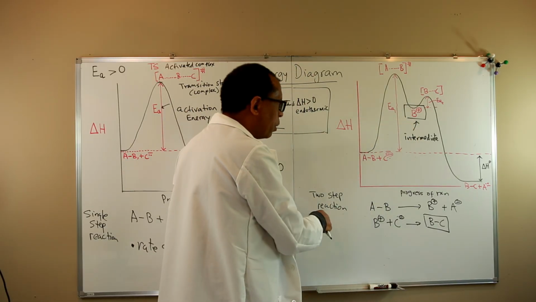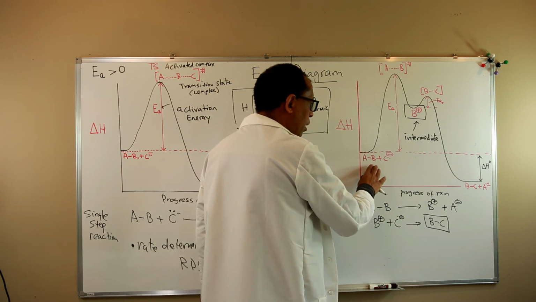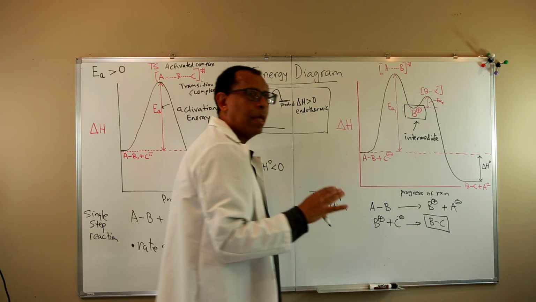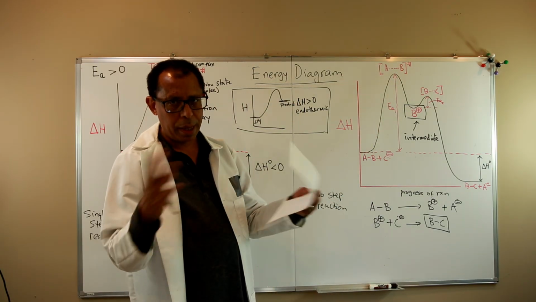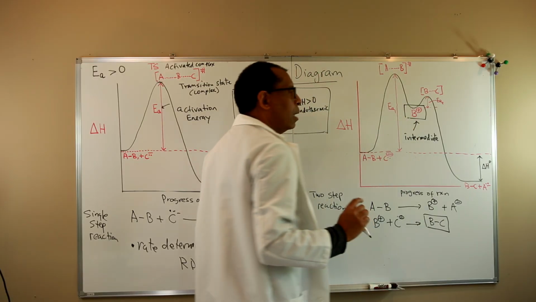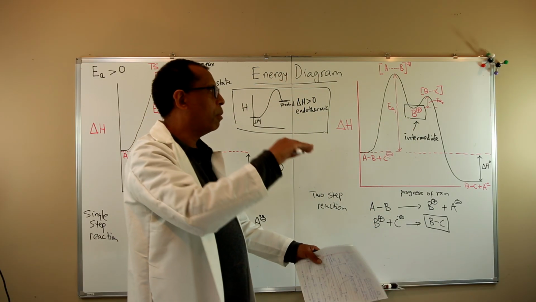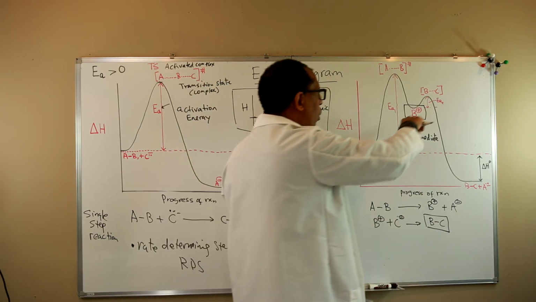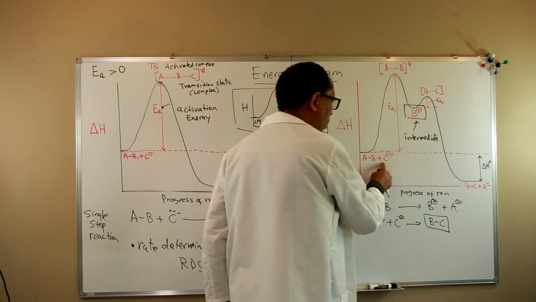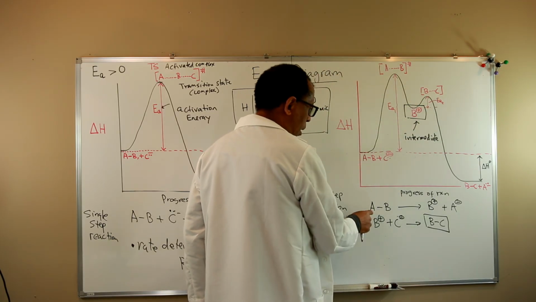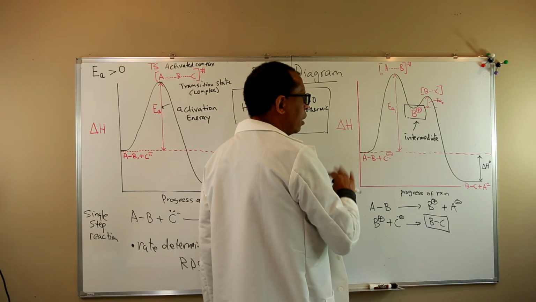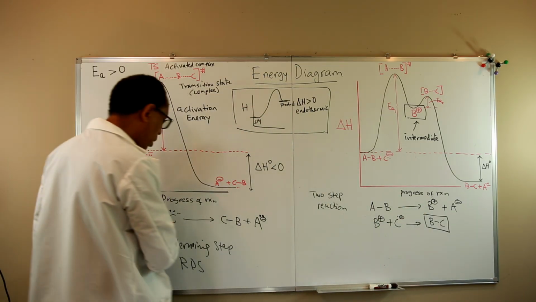So in a two-step reaction, a starting material would go through a transition state complex. The transition state complex would decompose or break away to form an intermediate species. The intermediate species again has to be activated a little bit more to recombine with another species, C. So this A, B recombining with C doesn't happen in just a single step like what we see here.